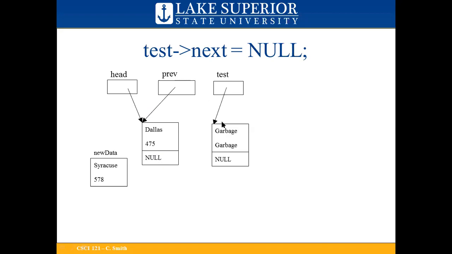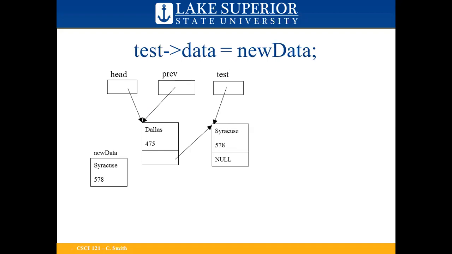And so the next thing we do here is previous arrow next equals test. So that takes test's address and copies it into here. Okay. So I fixed up my pointers. My pointers are all fine right now. The only thing I have left to do is copy that data in. So test arrow data is equal to the new data. So that copies, string copies Syracuse over and copies in the altitude, which is 578 feet above sea level.